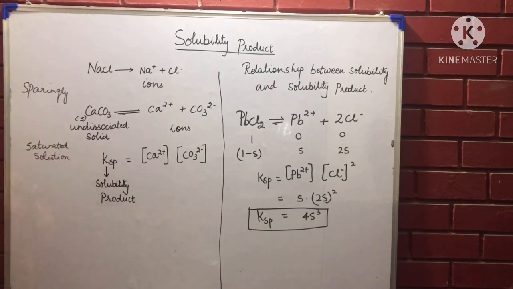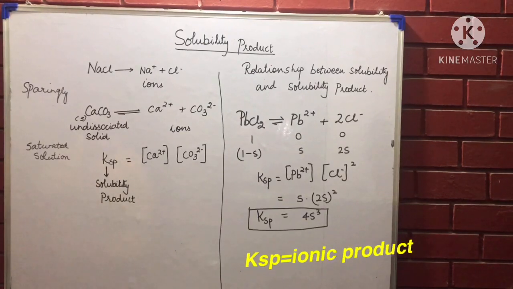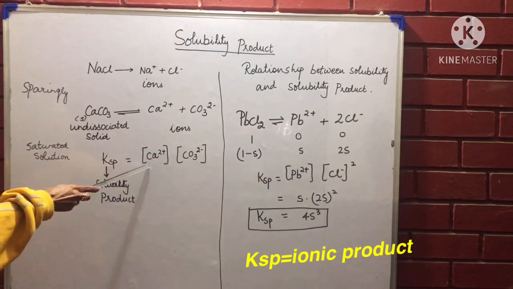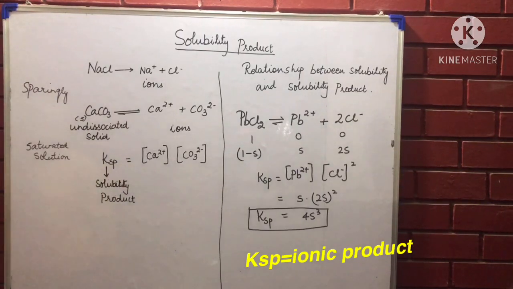A saturated solution, you already know, is one in which no more of the solute can be dissolved. It has come to a saturation point. Unsaturated solution means I can keep on adding some of the solute inside that solution. So in a saturated solution, Ksp is equal to the ionic product.